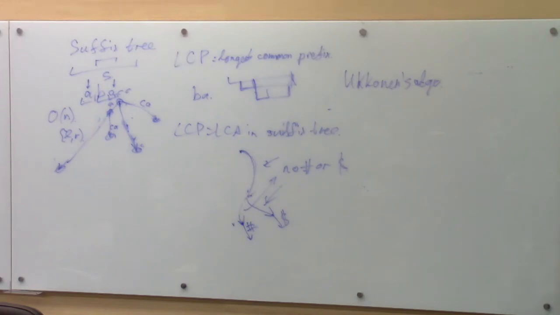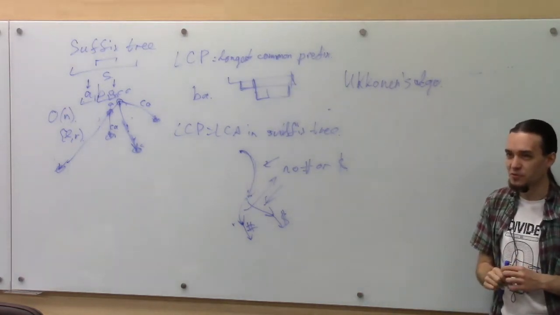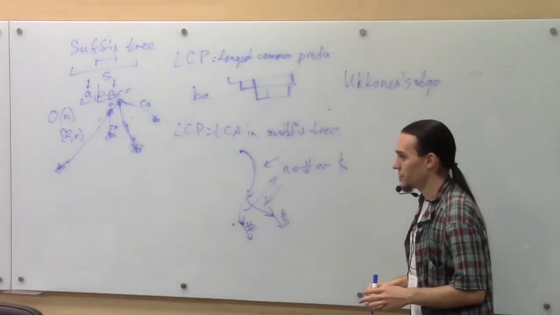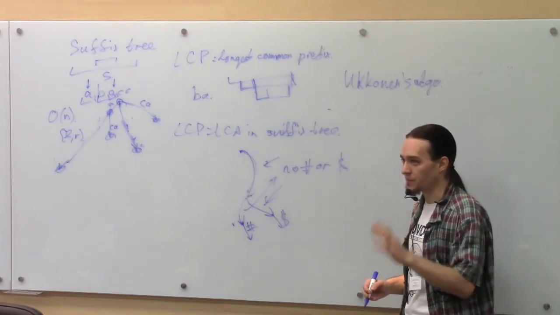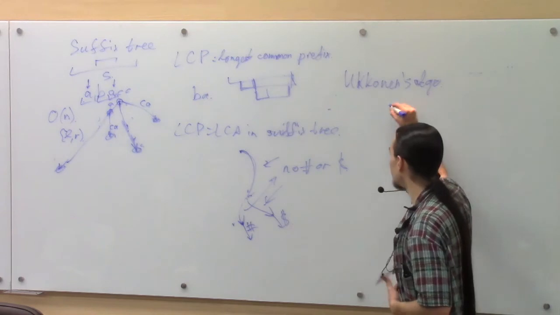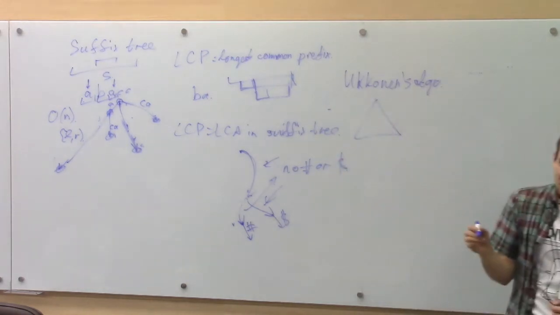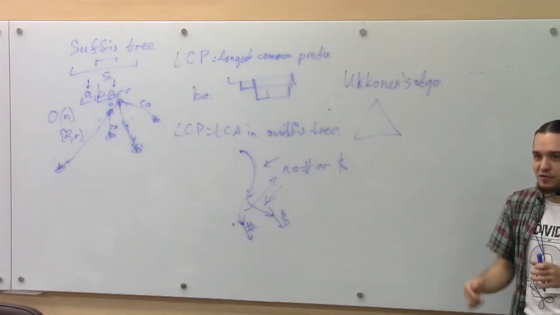And in fact, it's actually even cooler than that, because Ukkonen's algorithm can construct the suffix tree basically on the go. So you don't even have to know the whole string from the start. What it does is, at each point of time, it has a tree for the current string, and then you say, okay, now I know the next character.